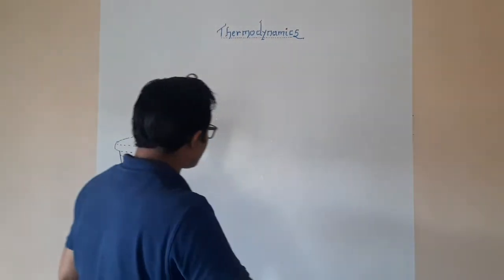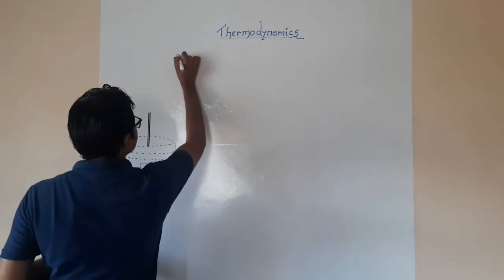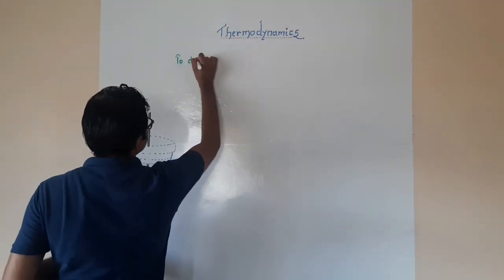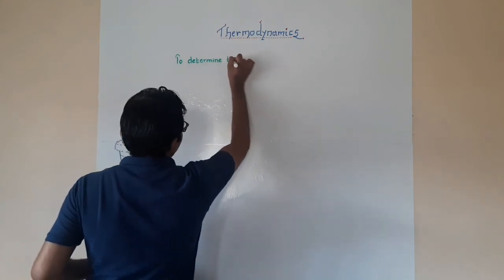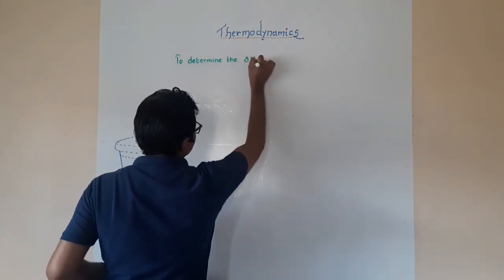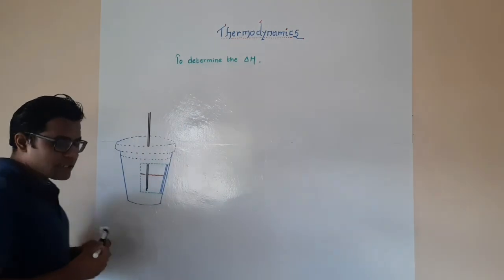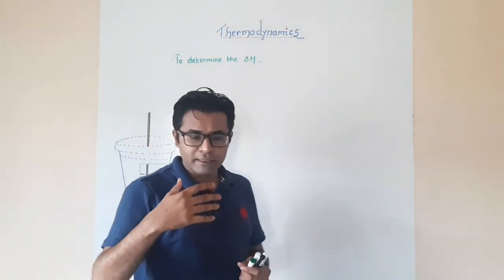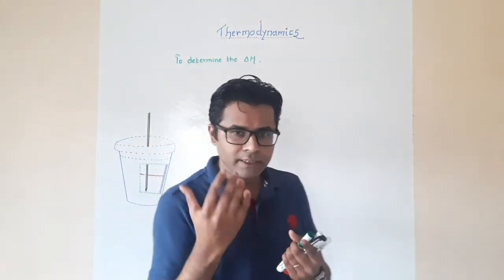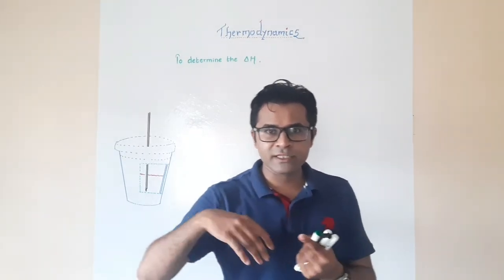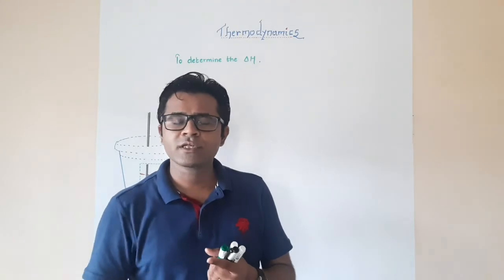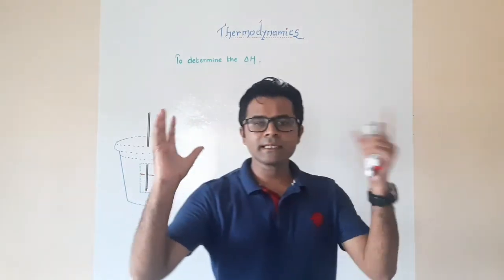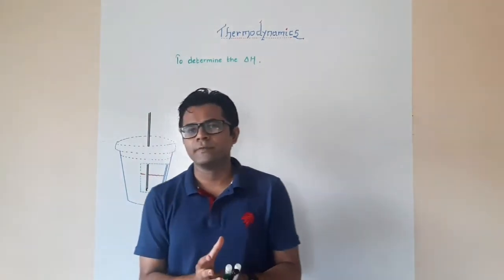So in order to determine the change in enthalpy, when does a change in enthalpy occur? When the particular reaction either takes in energy or gives out energy in the form of heat at a constant pressure. So every single thing is occurring at a constant pressure here, correct?